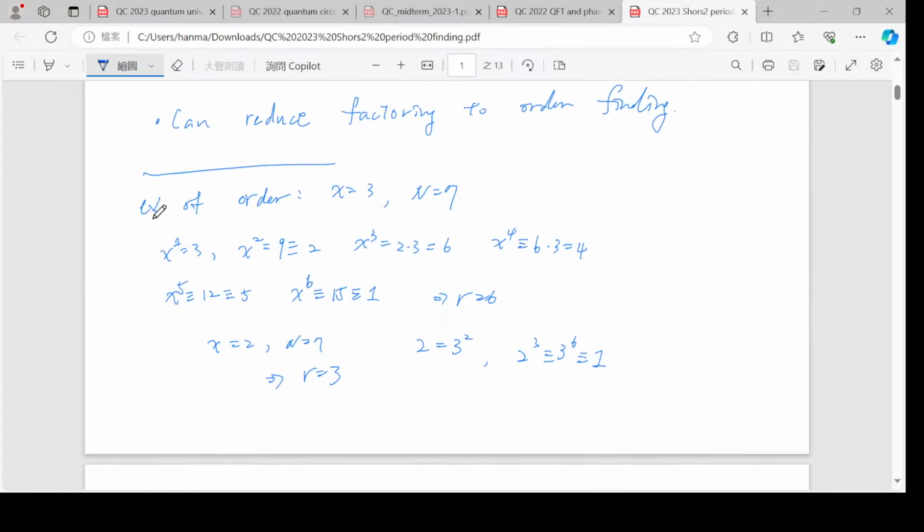So r equal to 1, you have x to the 1 equals 3. That's not 1 mod 7. Then r equal to 2, you have x squared equal to 9, and mod 7 will become 2. Then x cubed equals 3 to the 3 equals 27.